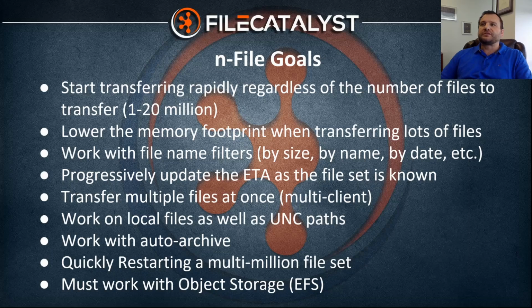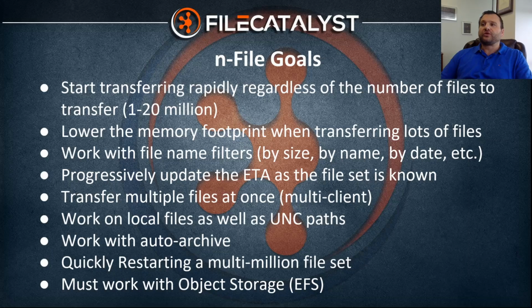This also lowers the memory footprint of the file transfer. It still works with all our filtering by size, by name, by date on files. The update and the ETA gets progressively known as we discover more files to transfer. We can transfer multiple files at once with multi-client.